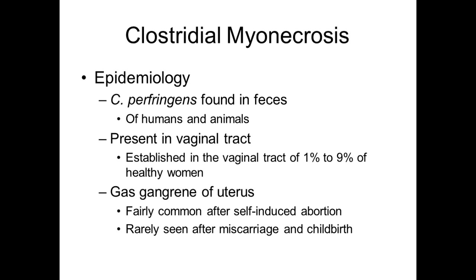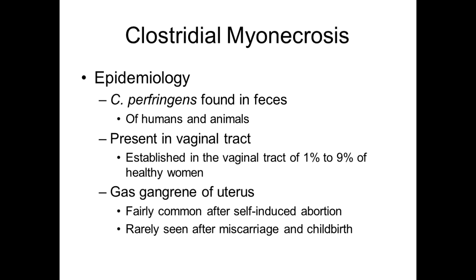So how does it move throughout the environment? It's actually found in our feces, this organism, of humans and, of course, animals. It's also present in the vaginal tract from even healthy women, right? 1 to 9% of women could have this bacteria growing in their vagina.